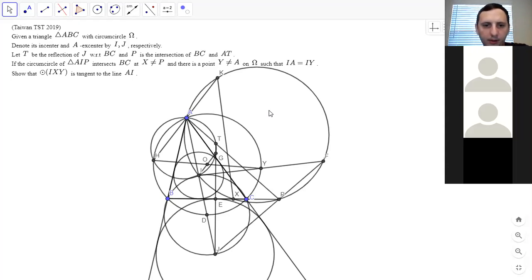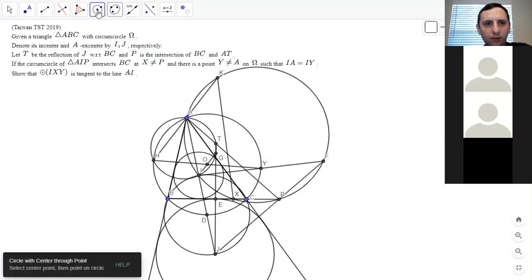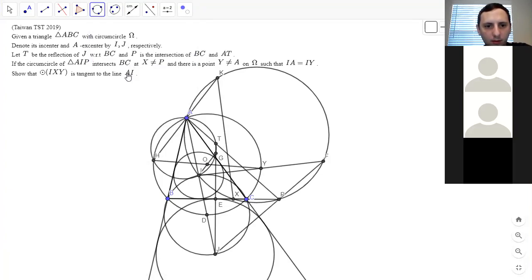PJ equals PT. Yes, that's true. So that's the thing. AIY and PJT are both isosceles, but their base angles are like 180 minus each other. But maybe, what if I did this? I, G, F, and J are cyclic. Whoops, sorry. GeoGebra is slippery.